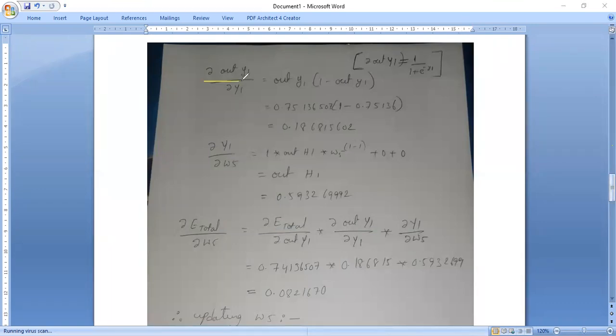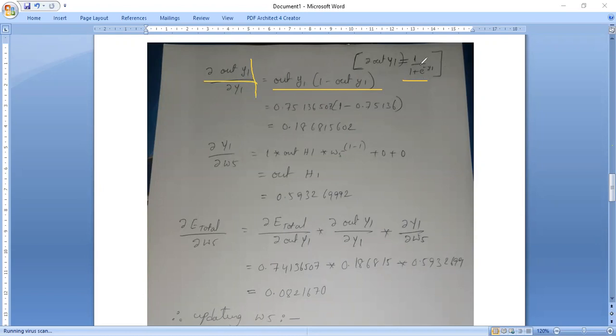Okay, ∂out Y1 by ∂Y1. Now we are going to calculate this one, right? This can be represented like this: out Y1 into 1 minus out Y1. Why? Because ∂output Y1, maybe you can write like this: output Y1 is equal to 1 by 1 plus e to the power of minus Y1.